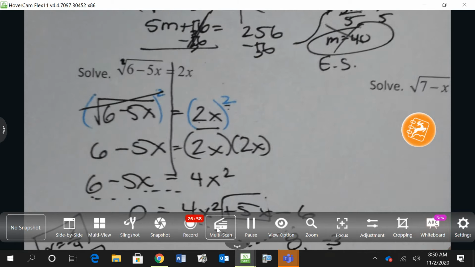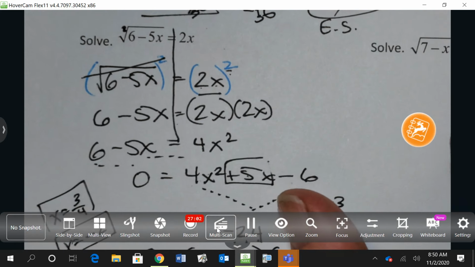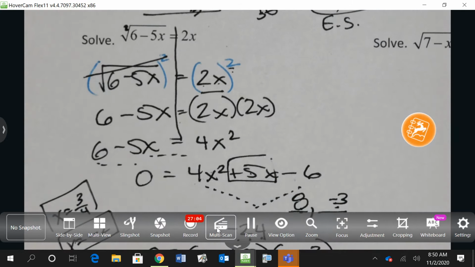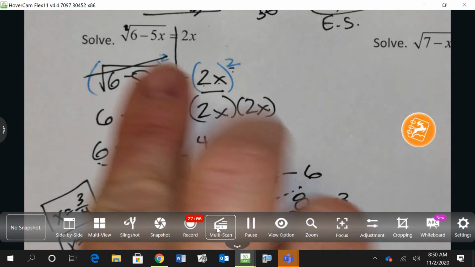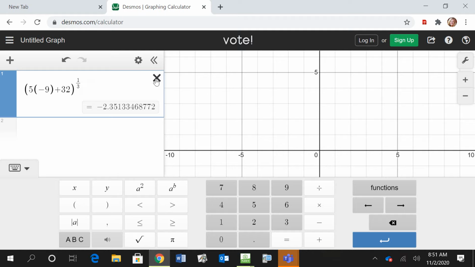Now how do I know which one is the correct answer? So I'm going to teach you right now another method that we can use to check for extraneous solutions. This is the original problem, and I'm checking to see which one of these is right. Are they both right? Is only one right? Are they both extraneous? So here's another teaching tool that I'm going to provide you with.